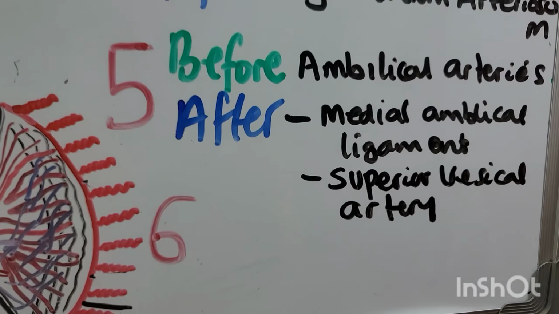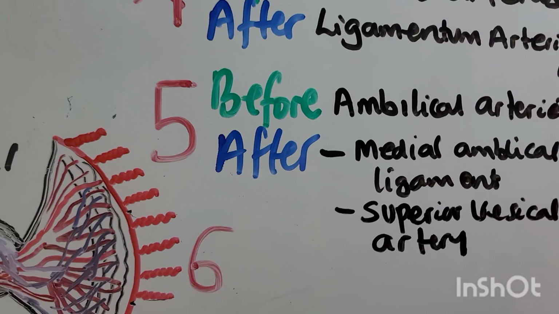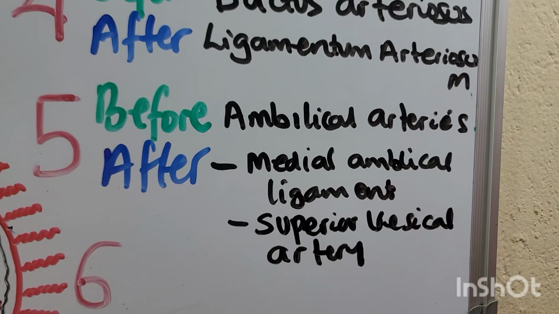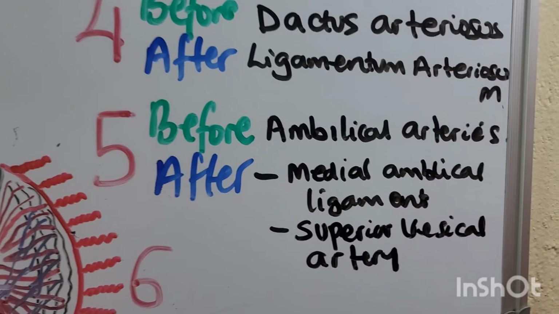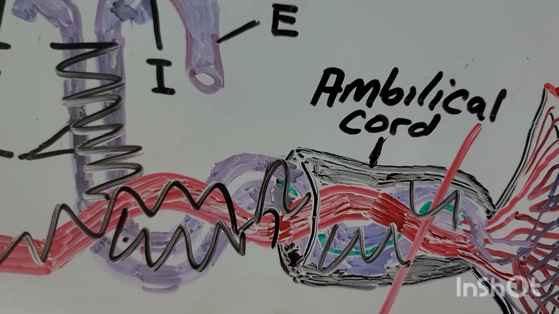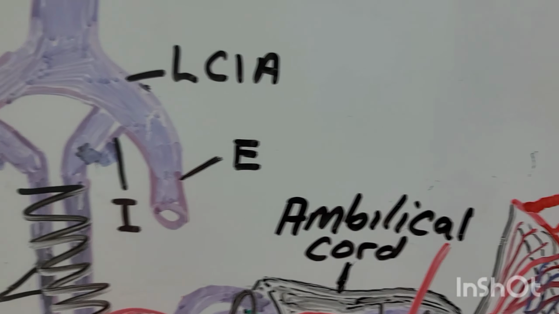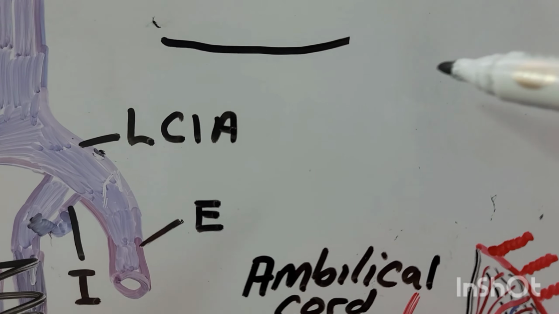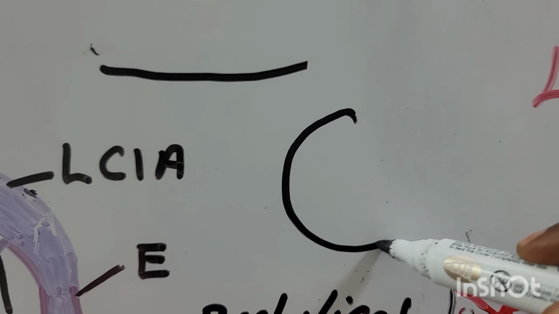Now, there is also another beautiful structure which we need to pay much attention to. There is a structure called the allantois, which is also in the umbilical cord. So now if you cut this umbilical cord, you have this cross section.